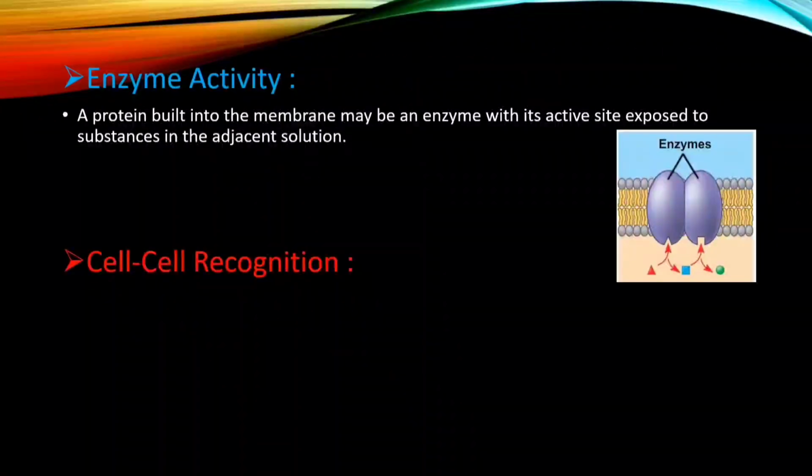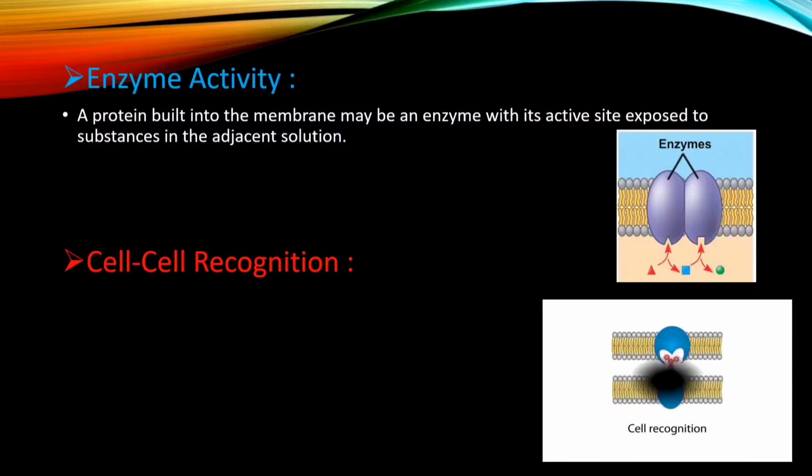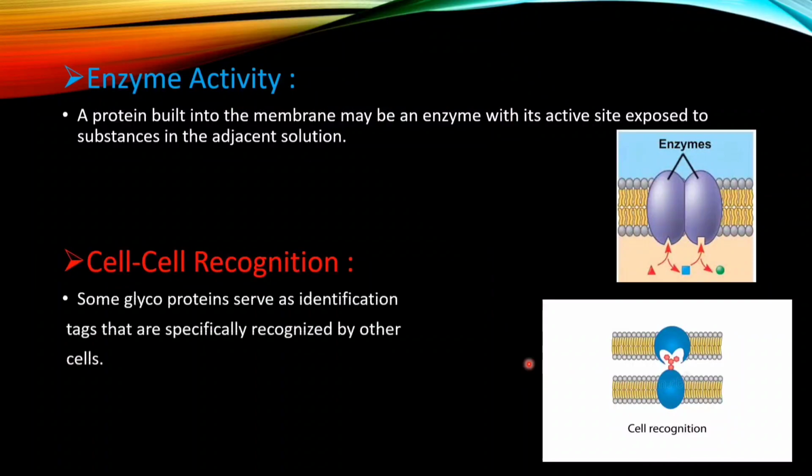And the last function is cell-cell recognition. And this is the diagram of the cell-cell recognition. Some glycoproteins serve as identification tags that are specifically recognized by other cells. In glycoproteins, a sugar moiety is attached to transmembrane proteins, and these glycoprotein components can act to direct cell-cell interactions due to their presence.